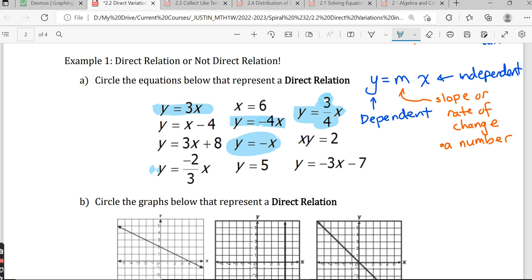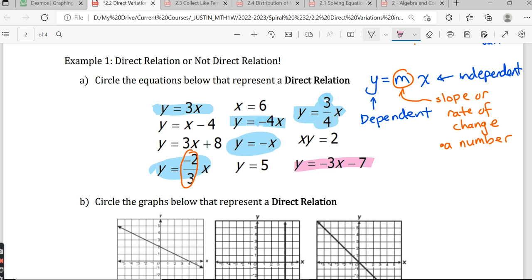What else? How about this one? Okay, so we see our y, we see our x, and our m value in this case is just -2 over 3. Now, I could hear some of you asking, but why is, for example, this one not an example of direct variation? Because as x changes, y is going to change at the same rate.